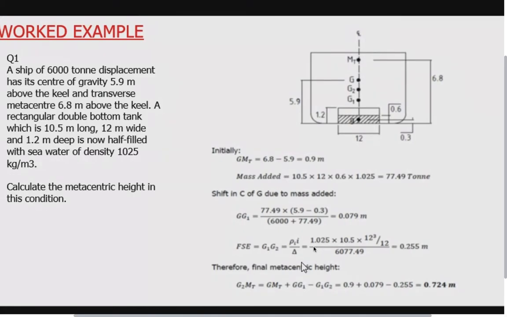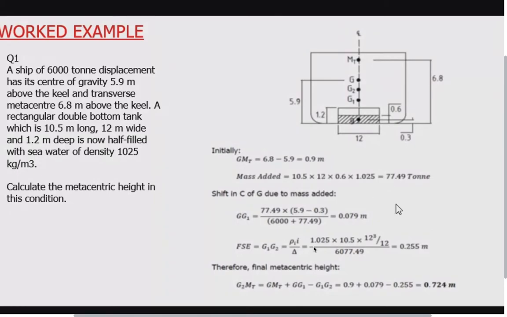All right. So this is the mass added, because this was the volume of the liquid that was added, and it was added halfway. If it's added halfway, then the depth here is the 0.3, which will take its own height.